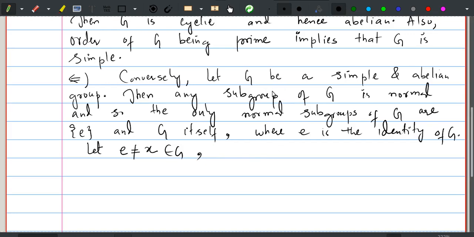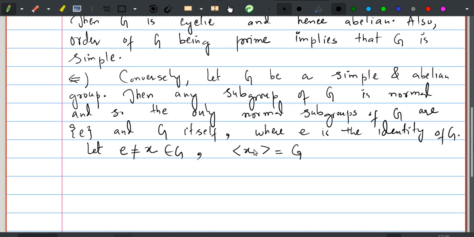Then the subgroup generated by x is obviously G, because G has only two subgroups, the identity element and G itself.